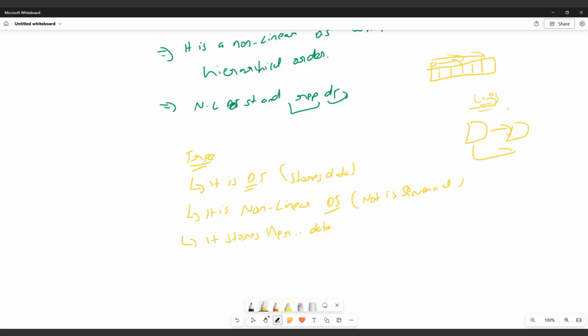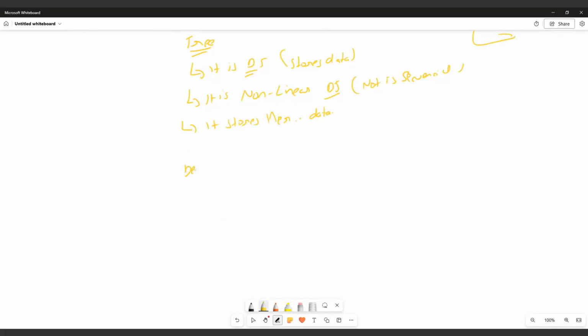So, it stores hierarchical data. What do we mean by hierarchical data? As you know, even in your college, you have one dean. After the dean, there are several HODs. For several HODs, there are certain professors, and they have assistant professors.